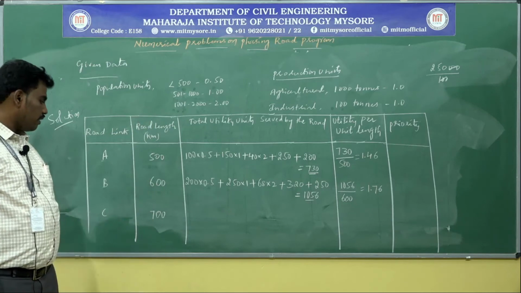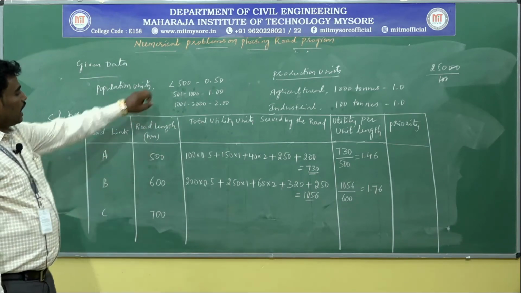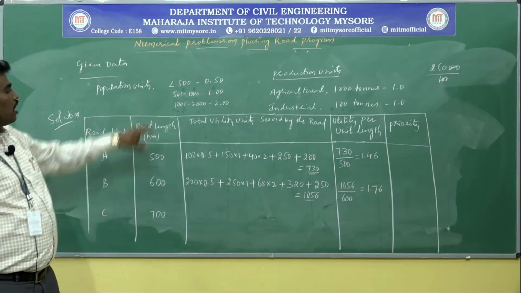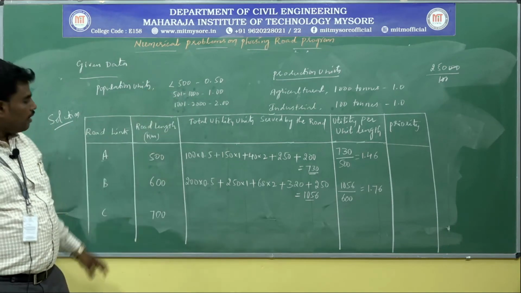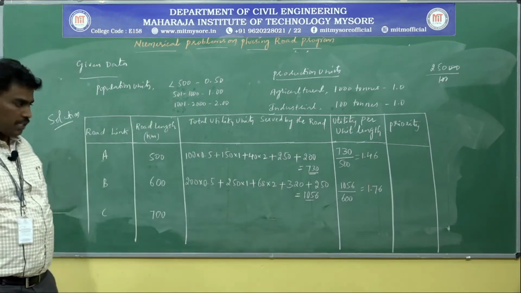For road link C, the road length is about 700 km. They have given less than 500 population, about 270 villages; 501 to 1000, about 350 villages; and 1001 to 2000, about 82 villages.